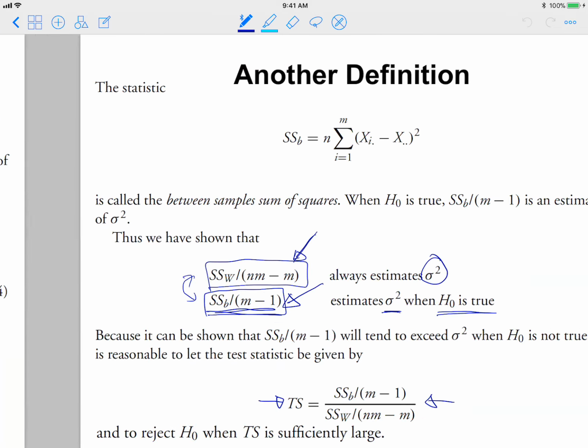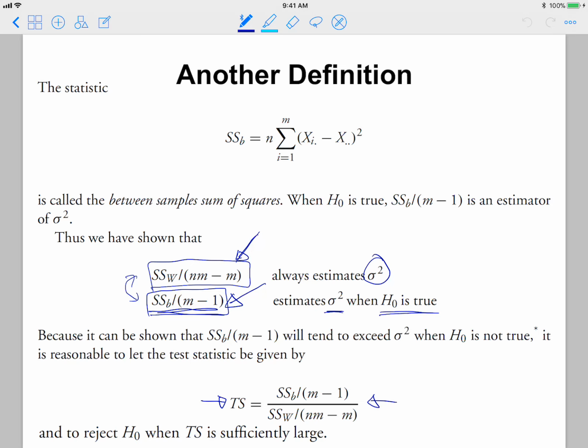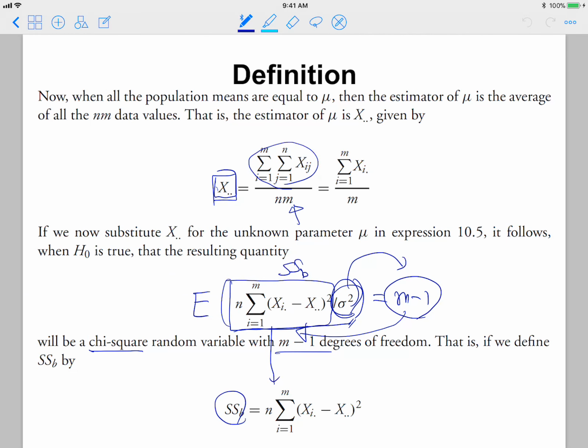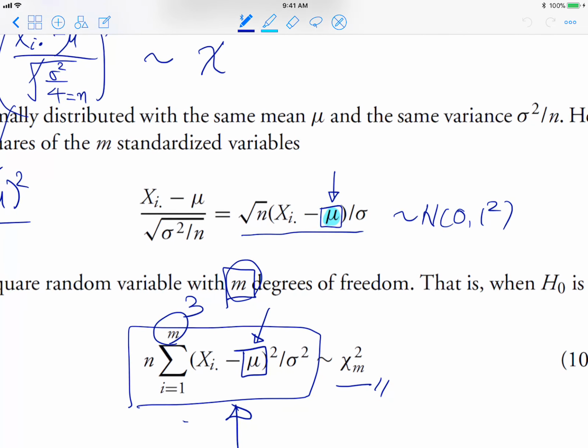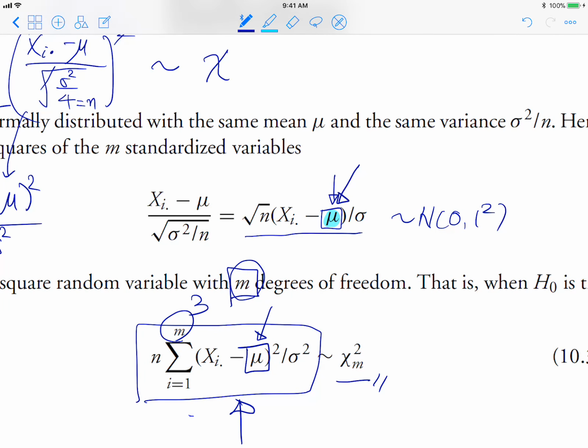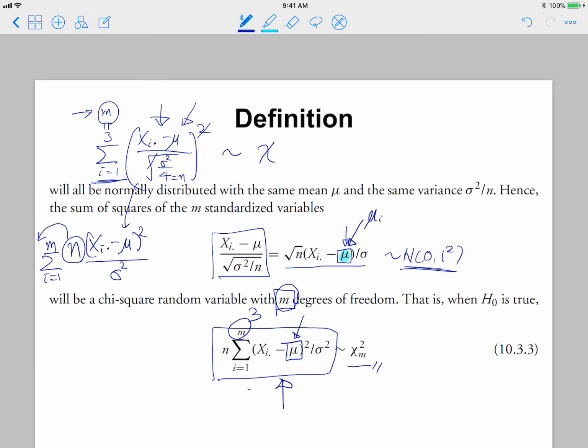From this equation, we used the same mu, but in order to make this a standard Gaussian random variable, we should have used mu i's when the null hypothesis is not true.